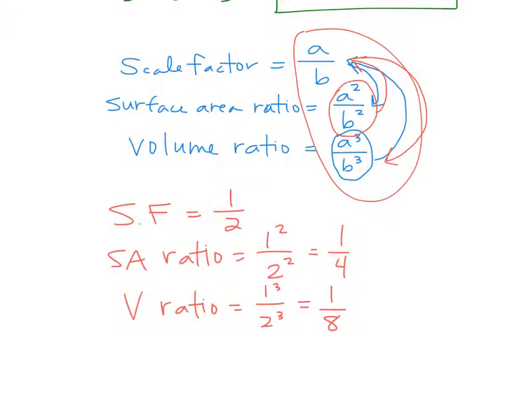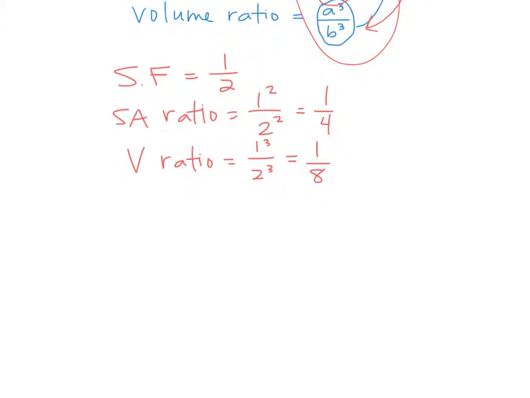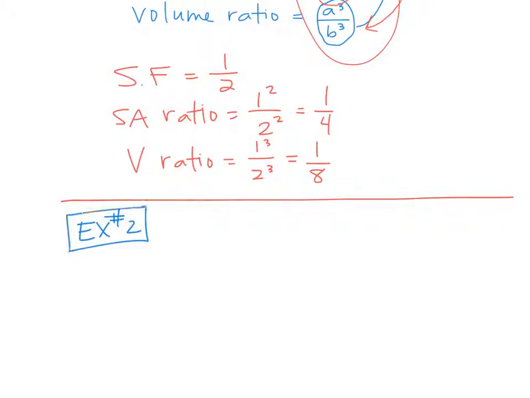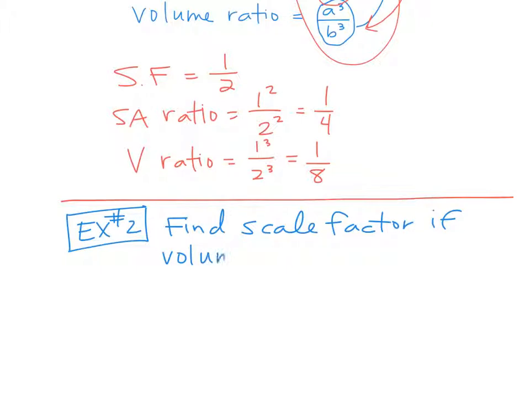Okay, so here's what we're going to do. I'm going to give you a ratio. Let's say we're going to find the scale factor. If the volume ratio is 3,375 to 1,728.